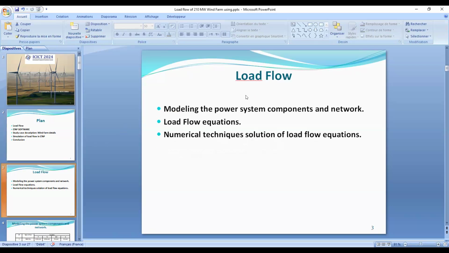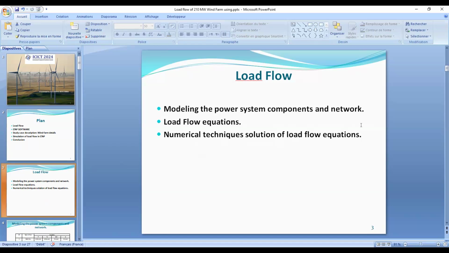The key axes of load flow analysis are modeling the power system components and network, load flow equations, and numerical techniques. Modeling the power system components and network: in this phase, we will explore how various power system components such as transformers, transmission lines, and generators are modeled in ETAP software. This detailed modeling is essential to accurately represent the network topology and electrical equipment characteristics.